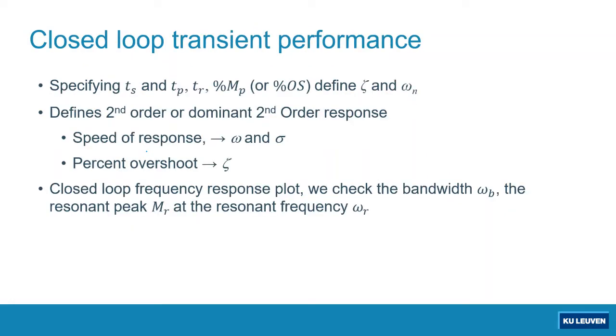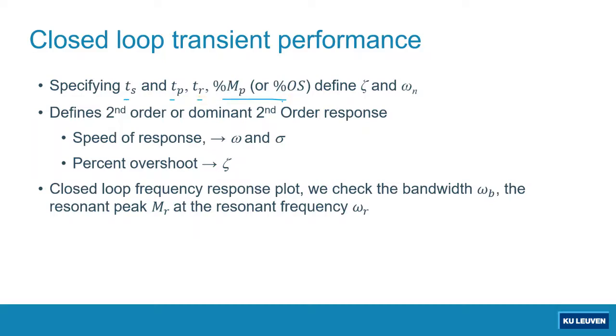On the other hand, we have already discussed before the unit step response of an underdamped second order system. From this typical unit step response, we can identify at least 4 or 5 features, namely settling time, peak time, rise time, and percent overshoot.